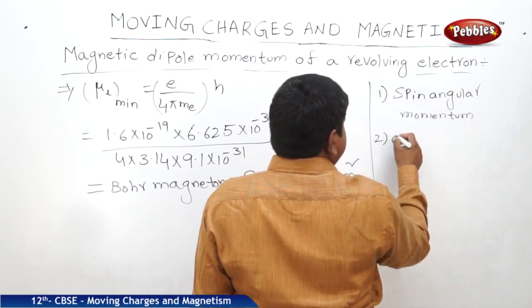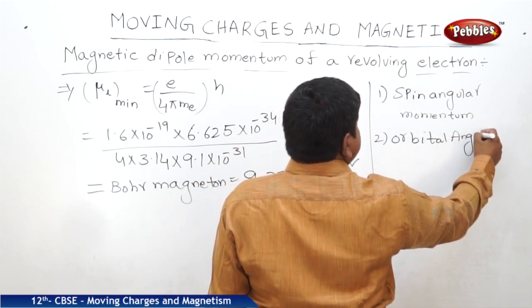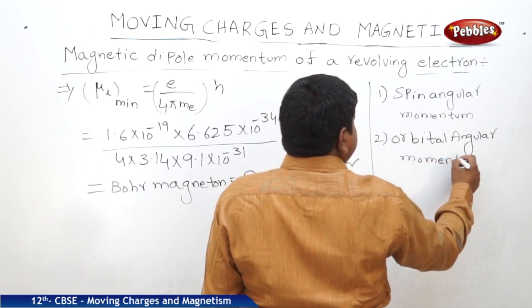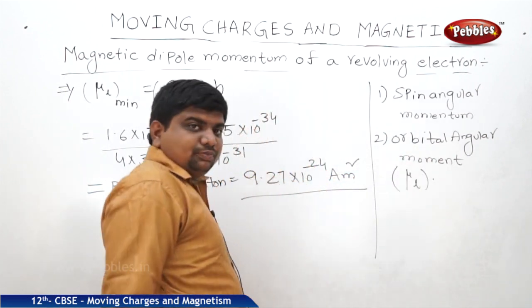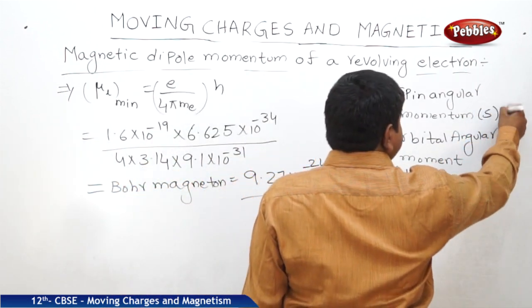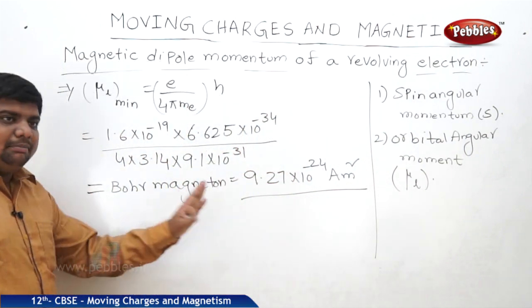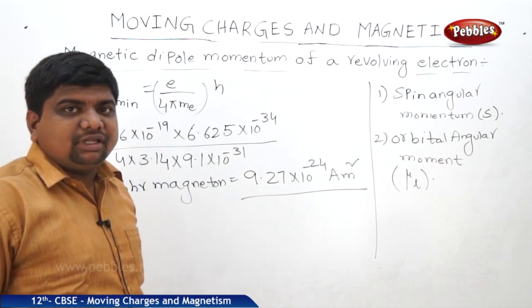Second one is orbital angular momentum. For orbital angular momentum, we wrote mu L subscript. For spin angular momentum, we wrote S. These two momenta are very important for any revolving charged particle around the nucleus.